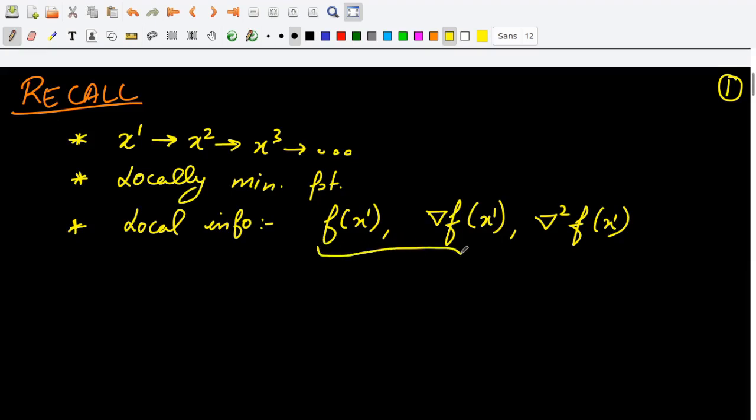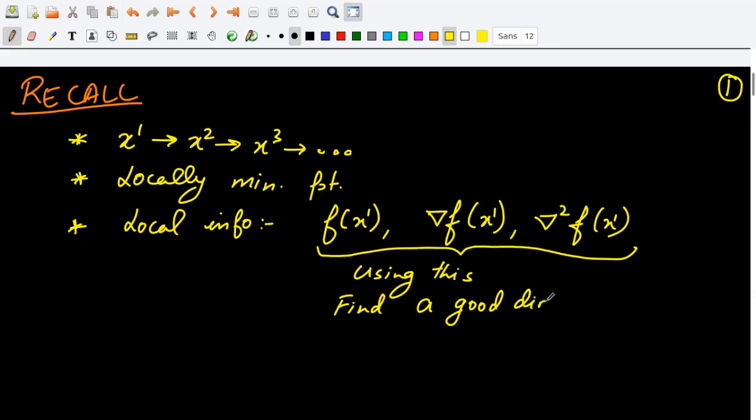Using this local information, I need to find a good direction and the distance to move in that direction. So that is the nature of the algorithms that we will be discussing henceforth.